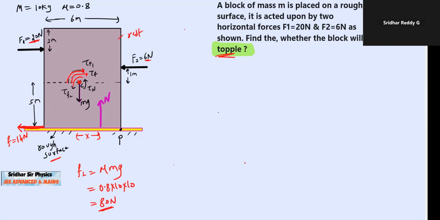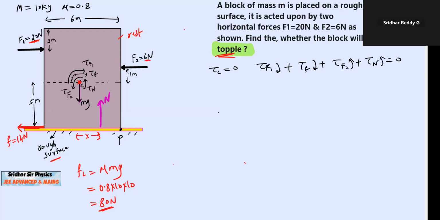Torque due to applied force F2 and normal contact will be anti-clockwise. Assume the net torque to be 0. Then torque due to F1 clockwise, torque due to friction clockwise, torque due to F2 anti-clockwise, torque due to normal contact anti-clockwise, all set equal to 0.